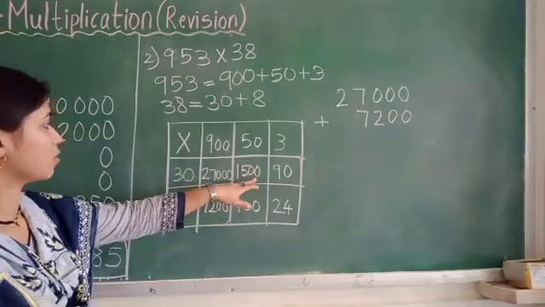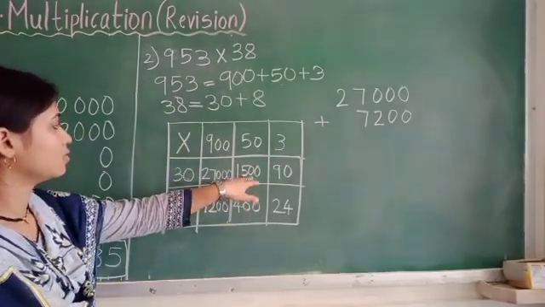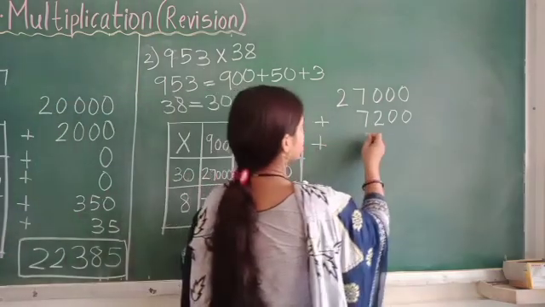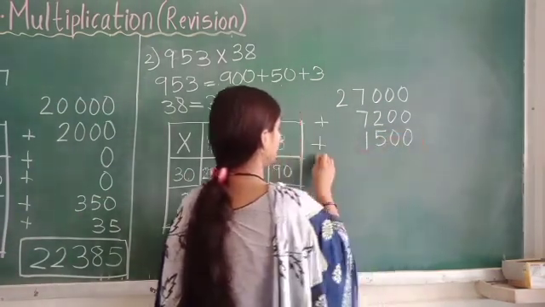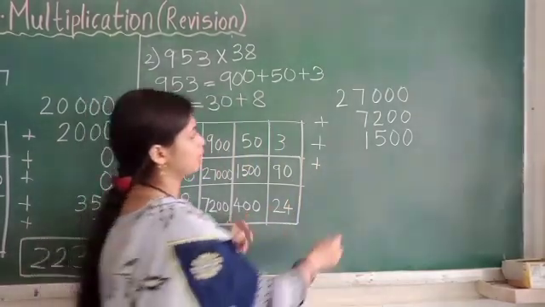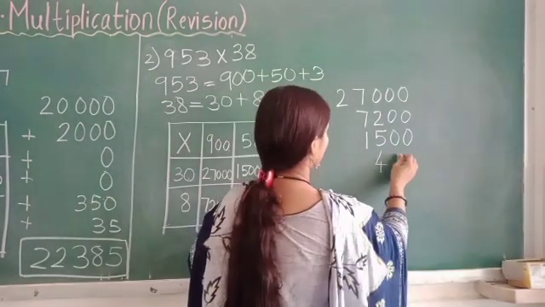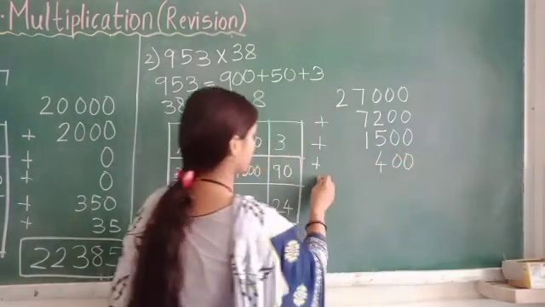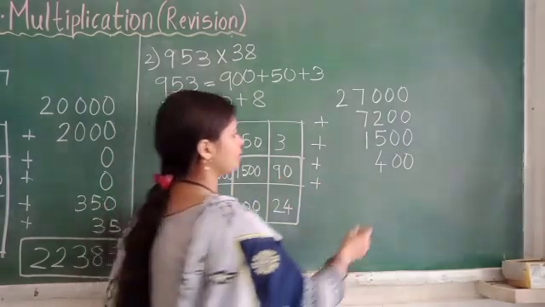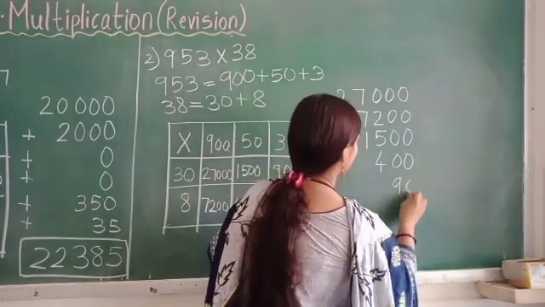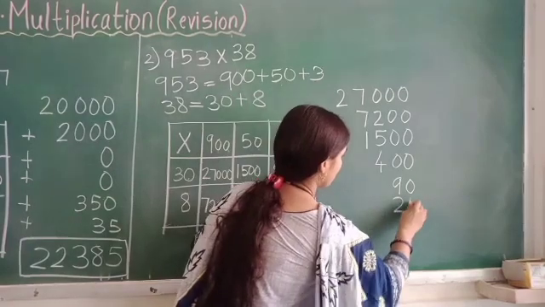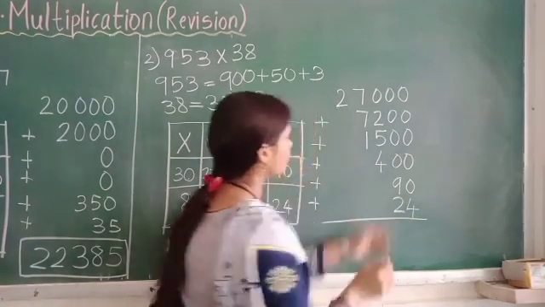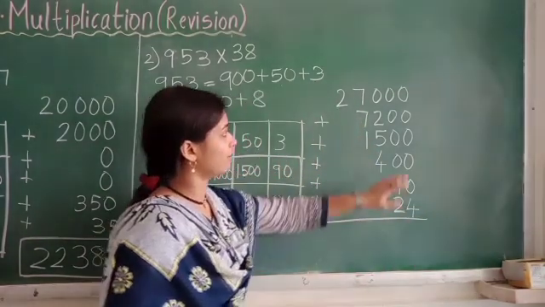Now the second box. 1,500 plus 400 plus 90 plus 24. All these 6 numbers we will add together.